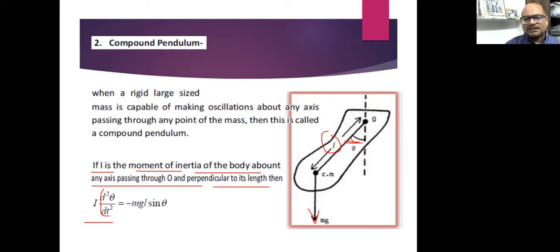The acceleration will be d2 theta by dt square. So I d2 theta by dt square will be equal to the restoring force mgl sin theta. So we can reduce it to d2 theta by dt square plus mgl by I theta.